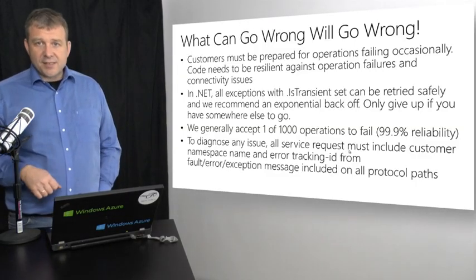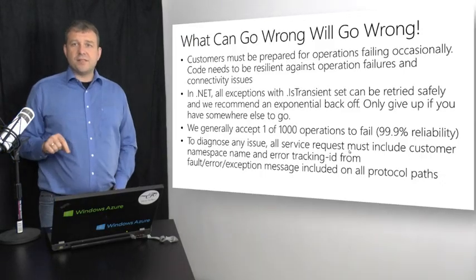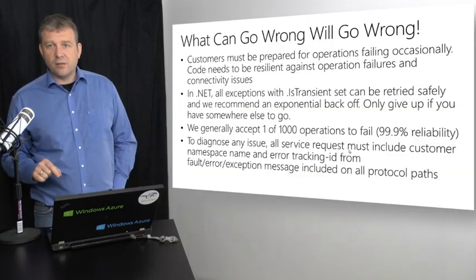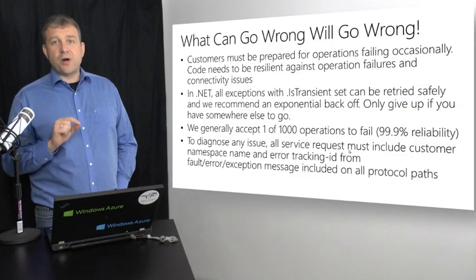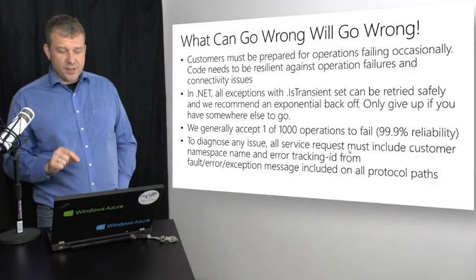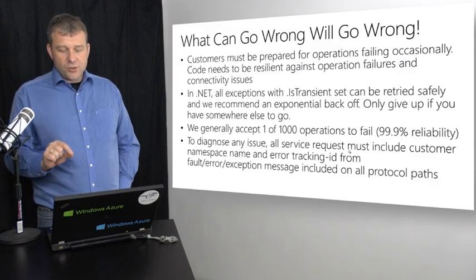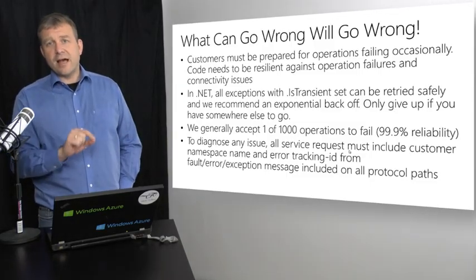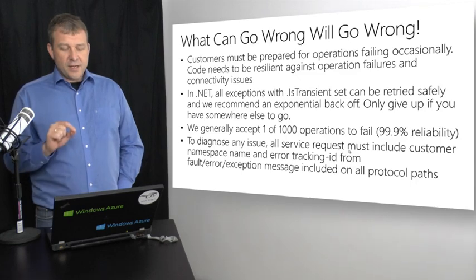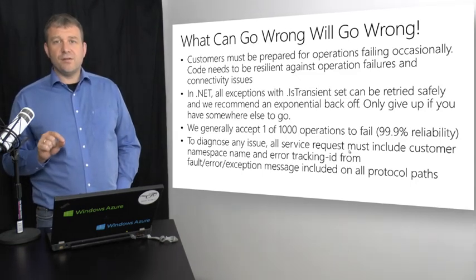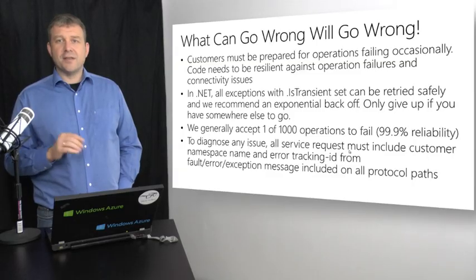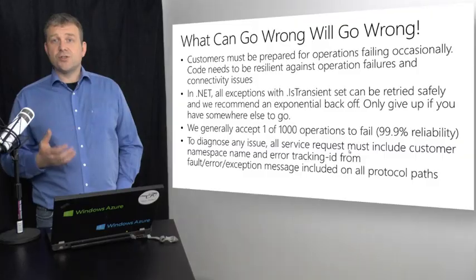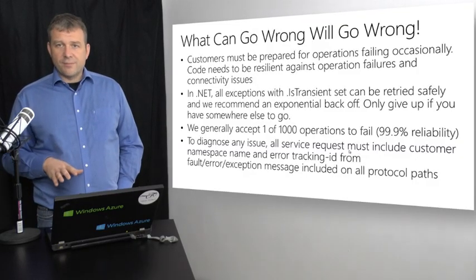In our internal testing, it's acceptable if 1 out of 1,000 operations fail. We strive to go much, much better than this. Obviously, we are looking to actually hit 99.99%, and we're actually getting higher than that in particular cases. But it's generally seen as okay if 1 out of 1,000 operations fail, because that's in the nature of the beast, because it's a distributed system, because making everything succeed is enormously hard.